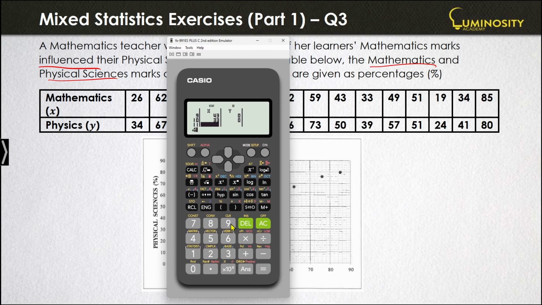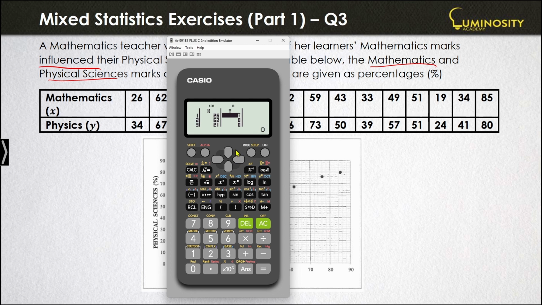Okay, then it's going to be 49, 51, 19, 34, and 85. So notice I have 15 data points, which is good because that's how many learners were observed in the study. Also, something to note, while we've been doing all of these exercises, nowhere did I actually sort the data from increasing to decreasing order, because that's not necessary when we look at this.